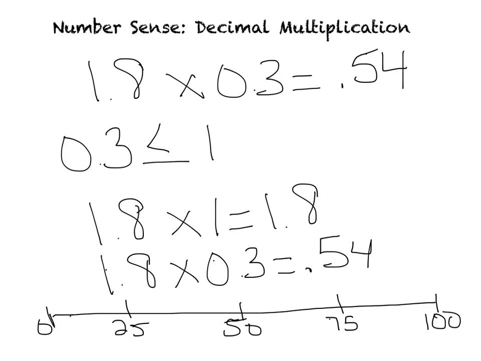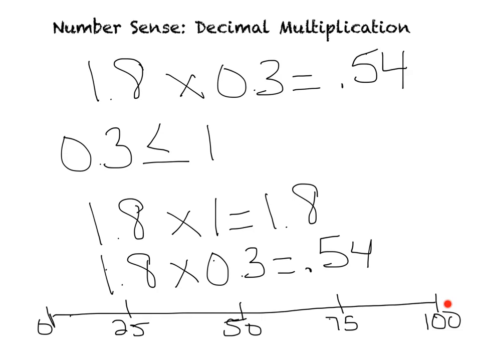So if I use this number line, I look at my answer here, I know that 54 hundredths on my number line is pretty close to half. So it's about half of a whole. If I look at 1 8/10, I know it's past here.